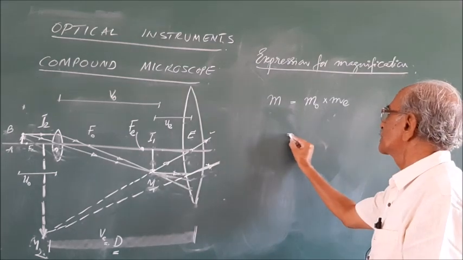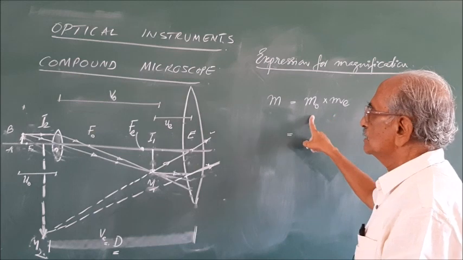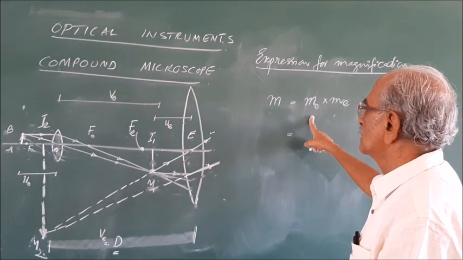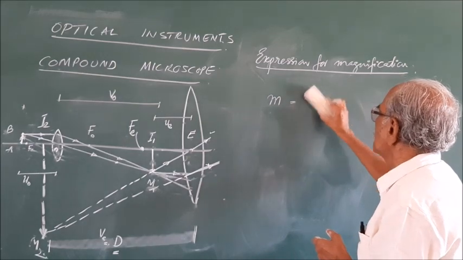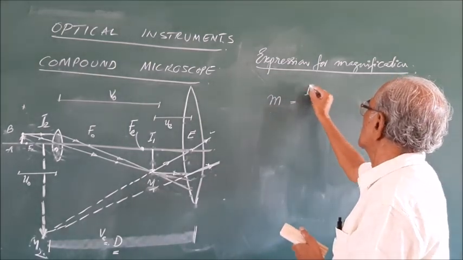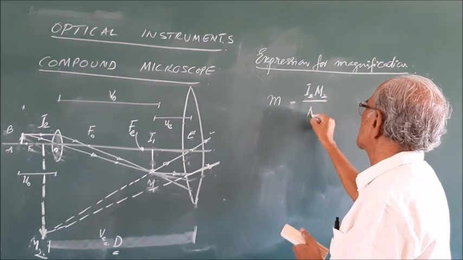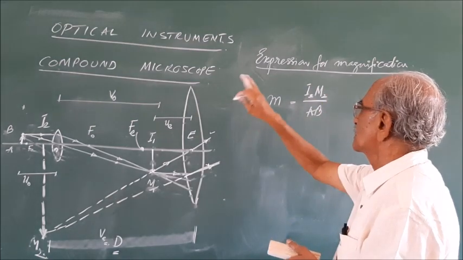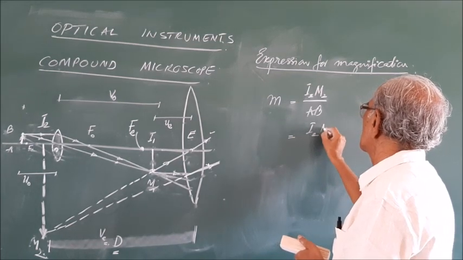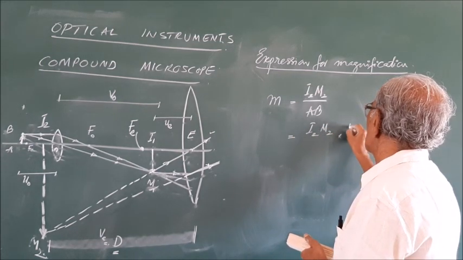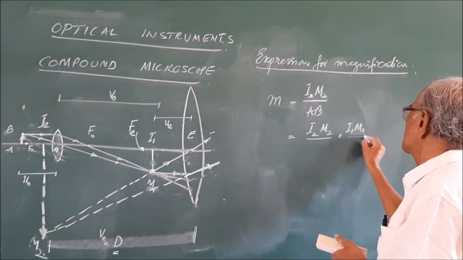Magnification produced by the objective is, see, size of the image over size of the object for the entire instrument. Now I will multiply by I1M1 and divide by I1M1.